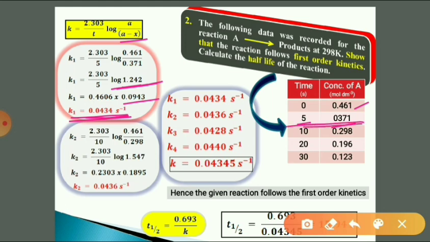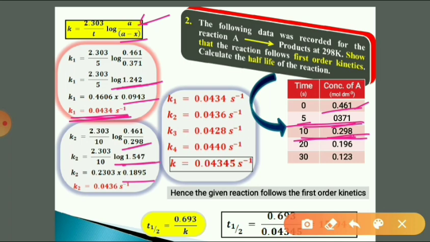For set 2 we have to again calculate the value of k. Consider this equation again, where k is replaced by k2 for set 2. So 2.303 upon t, and log of 0.461 upon 0.298 for the second set. If you take the ratio of these two, you will get 1.547. Taking the log of this factor, you will get 0.1895.